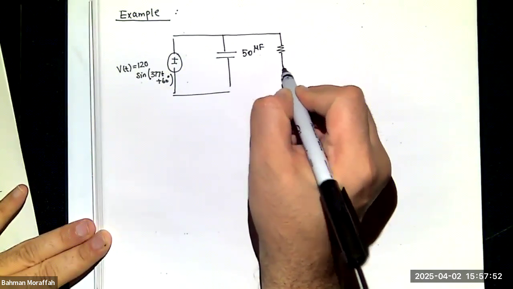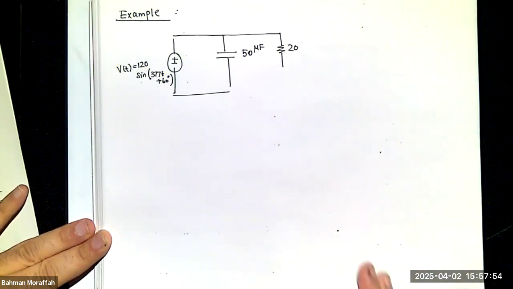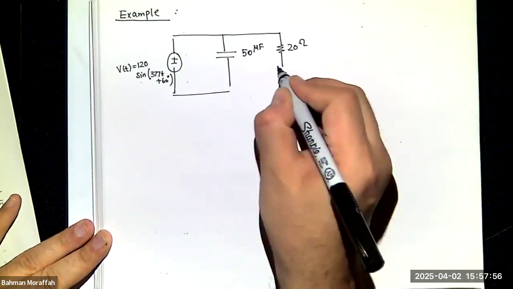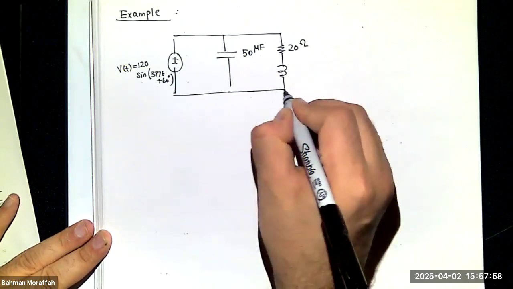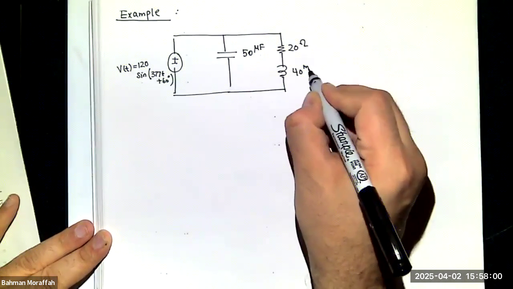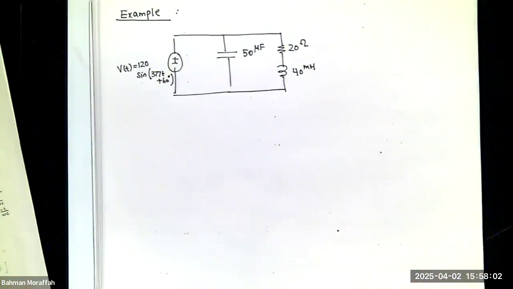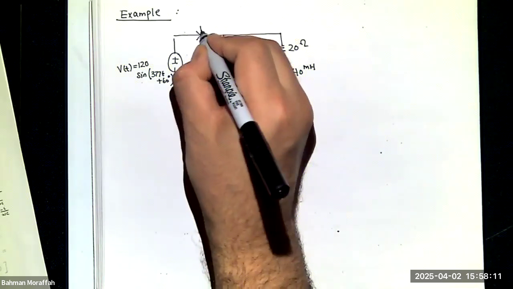I have a 20 ohms resistance, followed by an inductor with value 40 millihenry. Right? And the question is asking me, what is this i(t)?